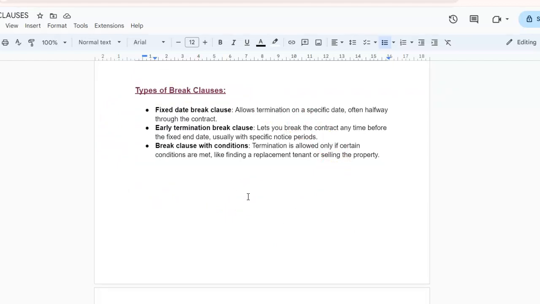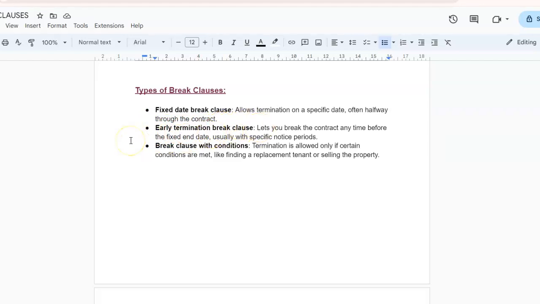As you know, break clauses come in various forms, each with its own rules and restrictions. So here are the main types of break clauses. Number one, a fixed date break clause. This type allows termination on a specific date, often halfway through the contract. Number two, an early termination break clause.